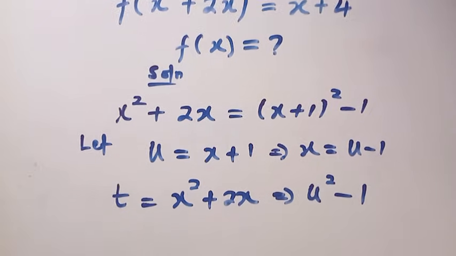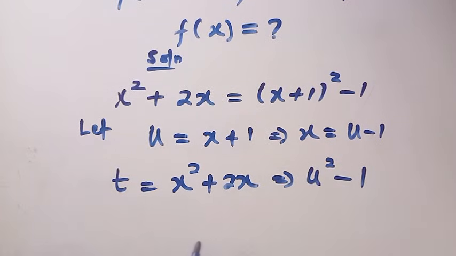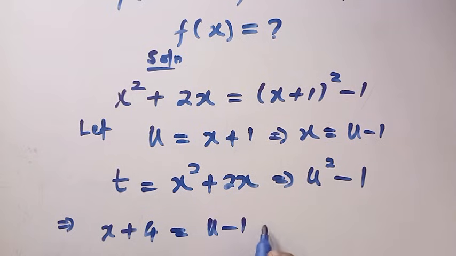Then we are going to resubstitute back to the given function, but before then, let's try and provide x plus 4. For x plus 4, we have x as u minus 1. So replacing this in terms of u, we have u minus 1 plus 4, and this gives us u plus 3.